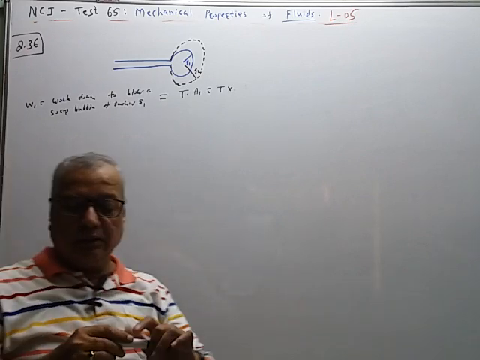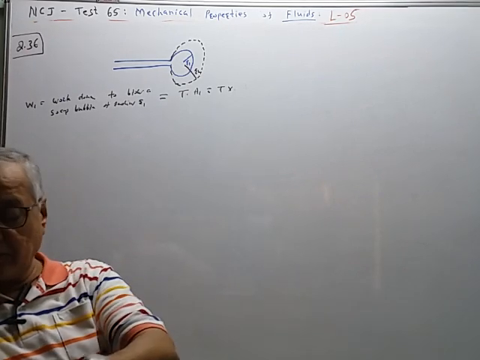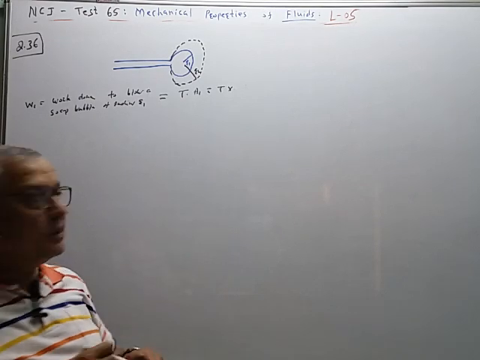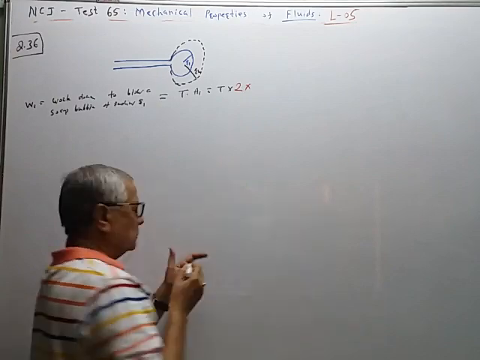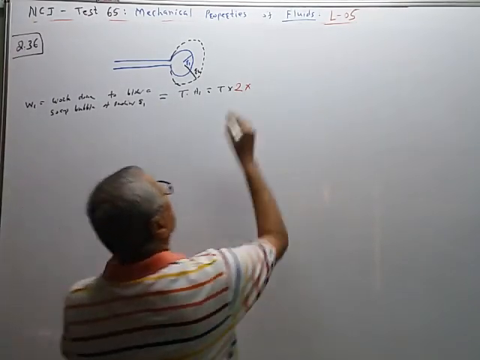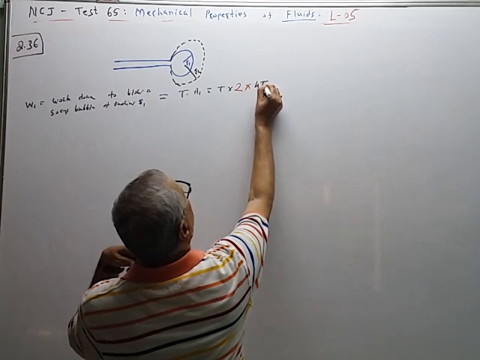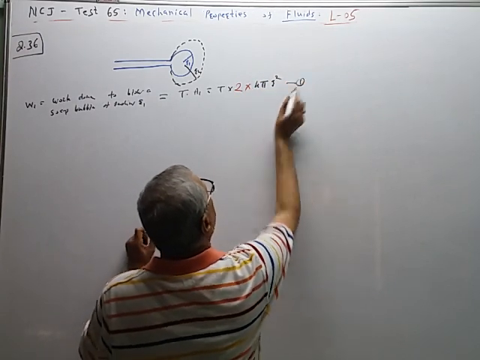Now area: area is 4 pi r square, but it has two free surfaces, and therefore it will be 2 multiplied by 4 pi r square. This is equation 1.